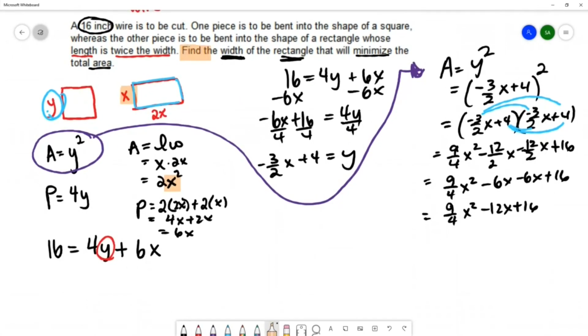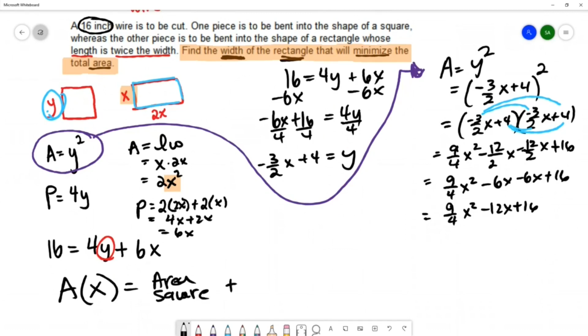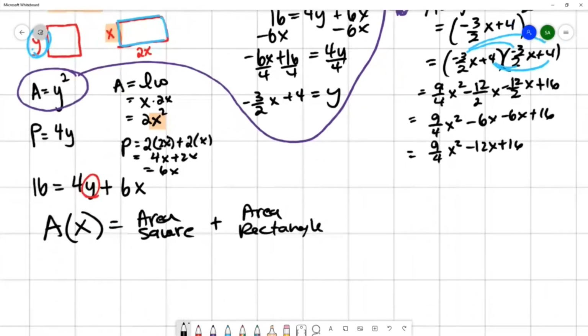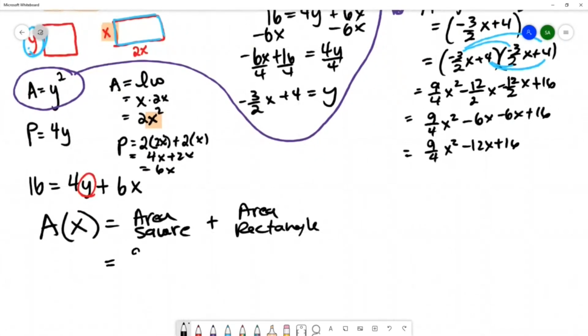I want to find the width of the rectangle that will minimize the total area. So I need something that represents the total area. I've got the area of the square plus the area of the rectangle. And I've just worked out the area of the square. That's 9/4 x squared minus 12x plus 16. And the area of the rectangle is 2x squared.